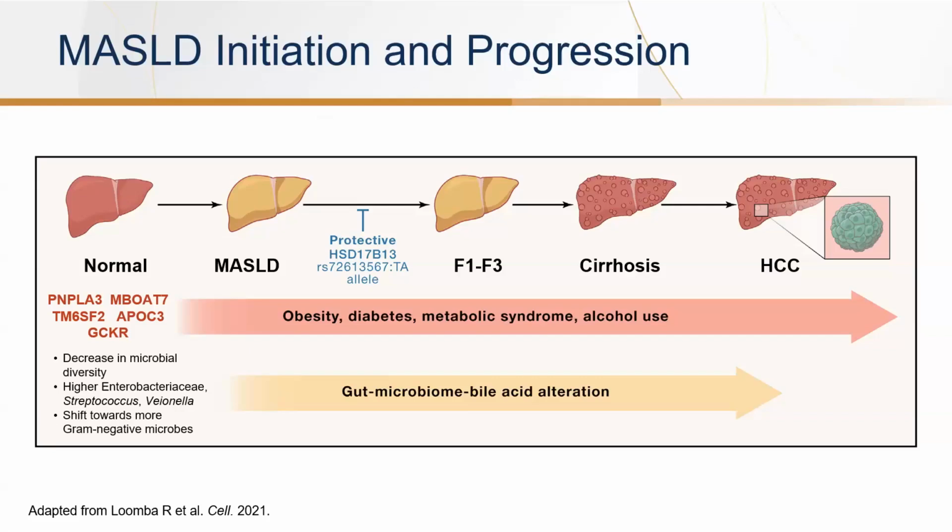When you're F1 to 3, we still consider you reversible, but once you progress to cirrhosis, at this point, it's still not considered reversible. There are studies ongoing to look at this, and we're hopeful that we will find some good therapies to help people be able to reverse. But when you are cirrhotic, you have an increased risk for the development of hepatocellular cancer.